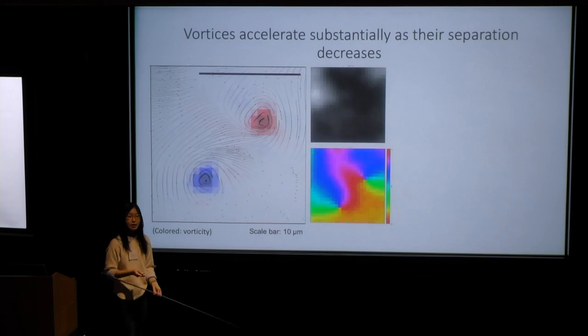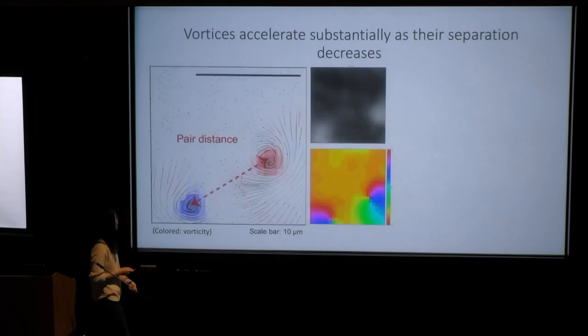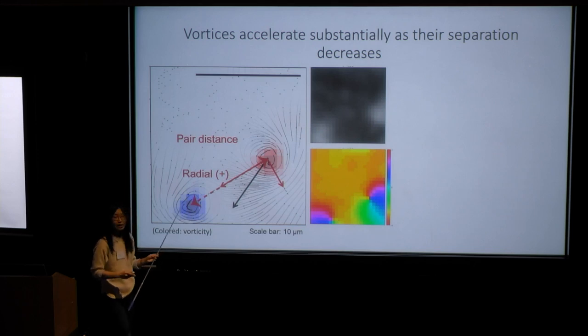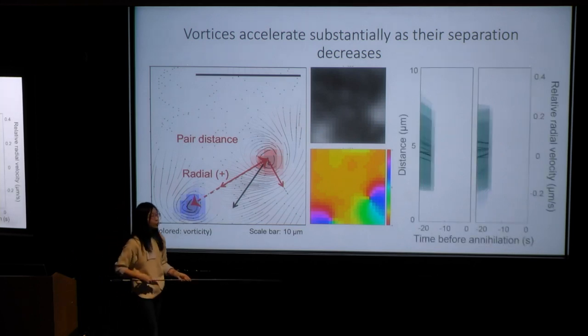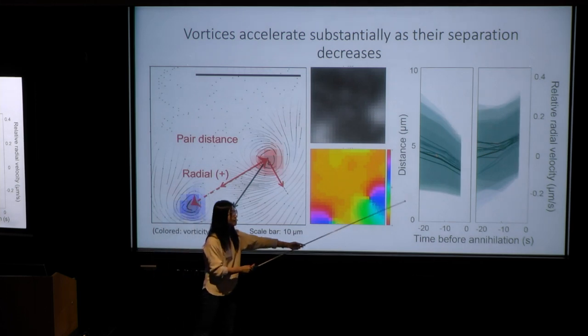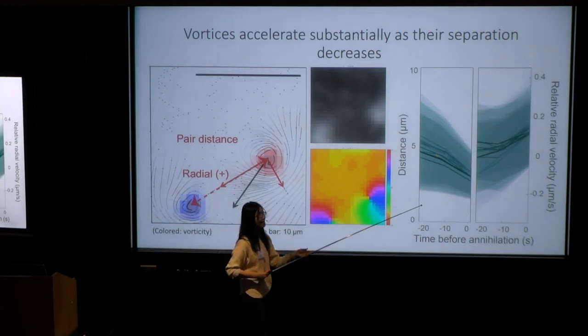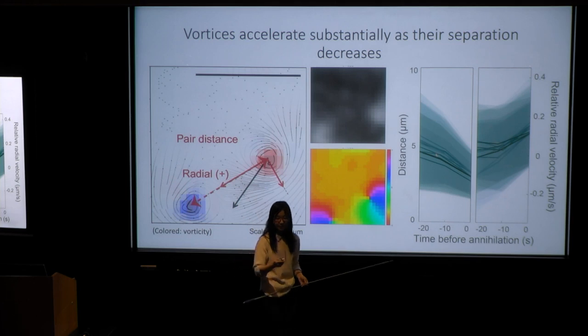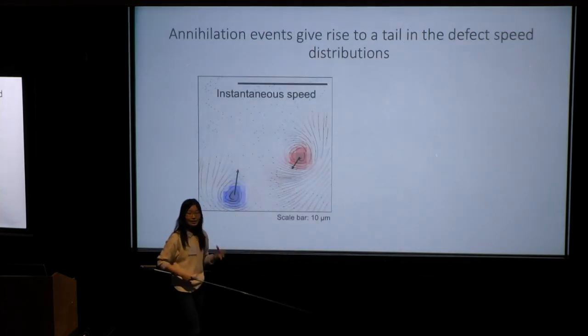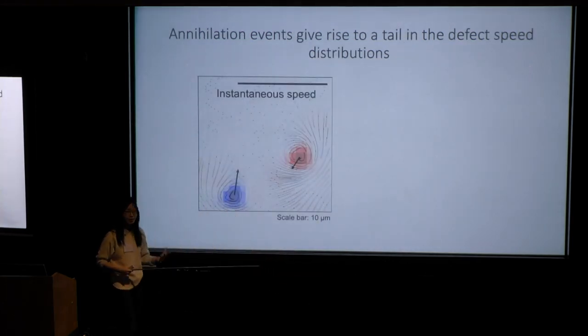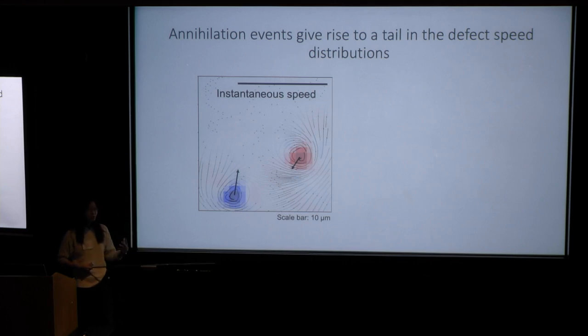We can quantify such pre-annihilation statistics by plotting their pairwise distance and also the radial relative velocity as a function of time before annihilation. And what we realize is that across different steady states, there indeed exists this conserved acceleration dynamics. It turns out that such conserved acceleration dynamics gives rise to a also conserved velocity statistics.